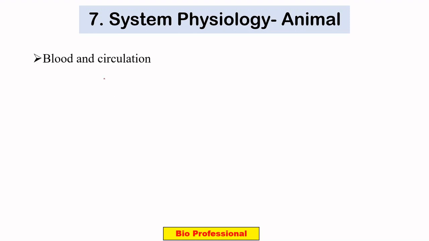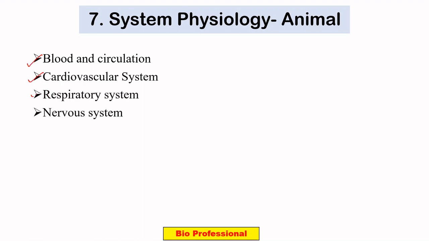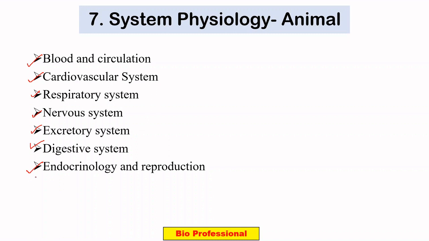So the first part is blood circulation, okay, and the cardiovascular system, respiratory system, nervous system, excretory system, digestive system, endocrinology, and reproduction. Those who are from a zoology background are happy now looking at this, because they know, they are masters of this part.